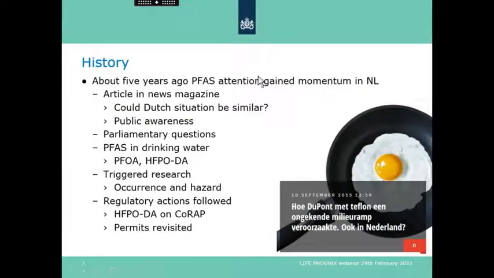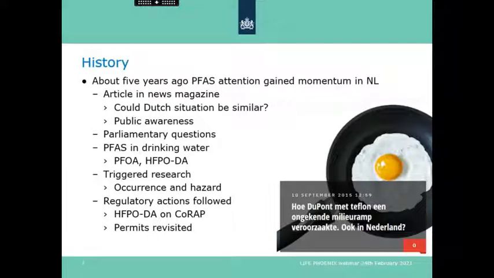First of all, a little history of PFAS in the Netherlands. And actually, the history is not that long. I realized that it's only 5 years, I think, that PFAS really were in the attention of the public and the policy.